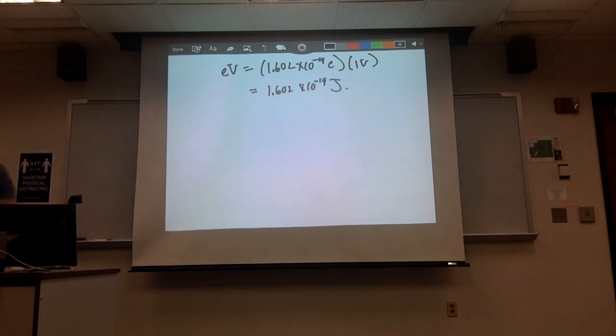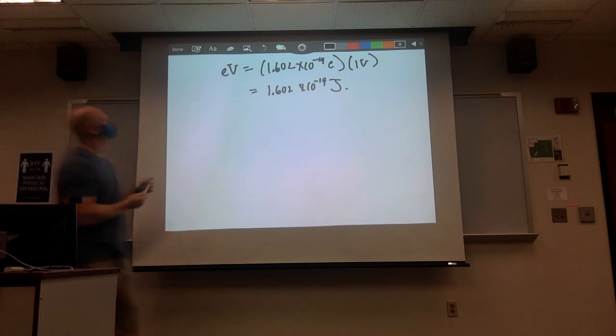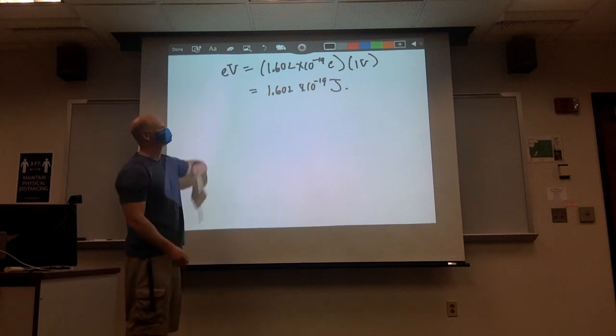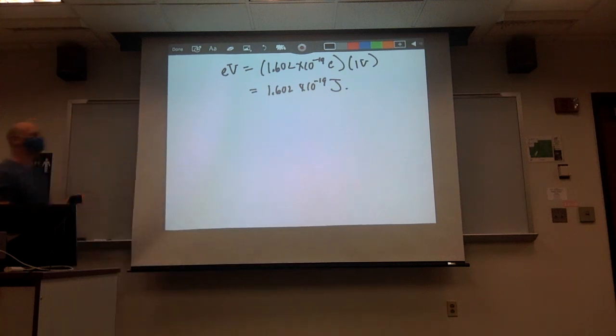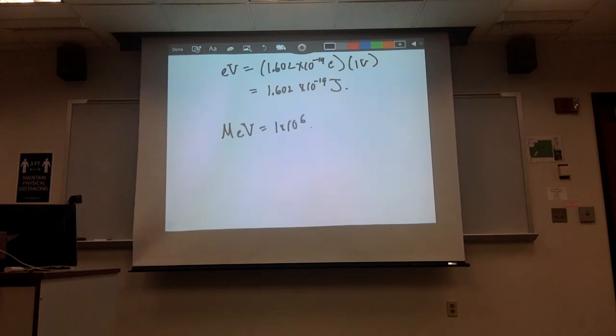So this is an eV. So eV literally means the energy to accelerate this guy through a 1 volt potential. M is mega. So MeV is the same thing as what? 1 times 10 to the 6th eVs.